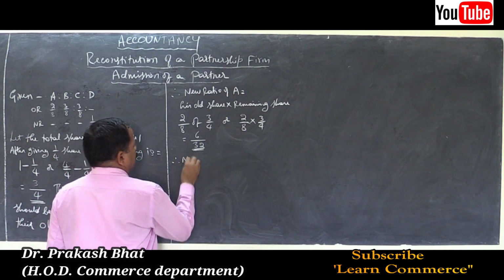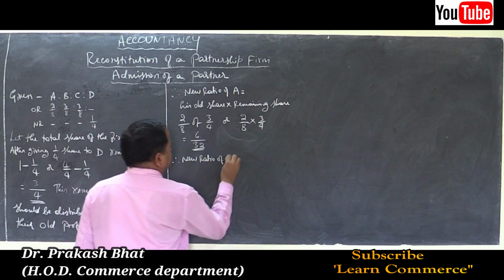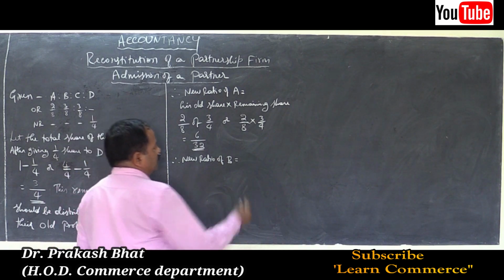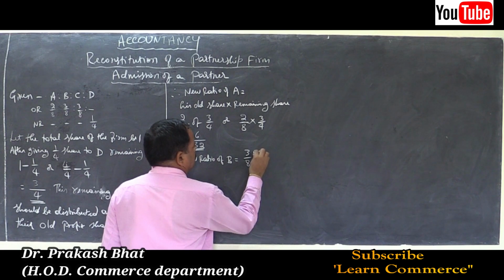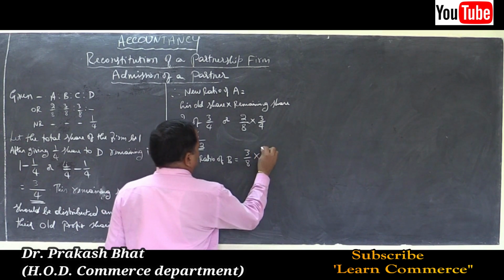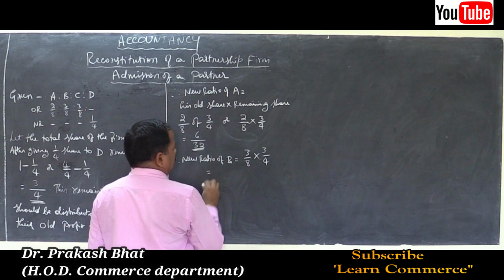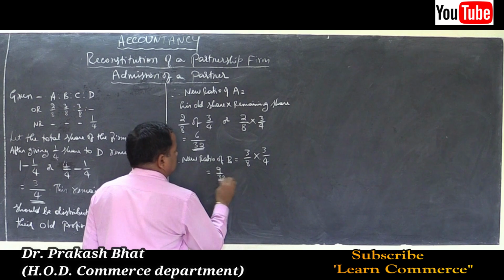Therefore, new ratio of B is equal to 3/8 of the remaining share, that is 3/4, is equal to 9/32.